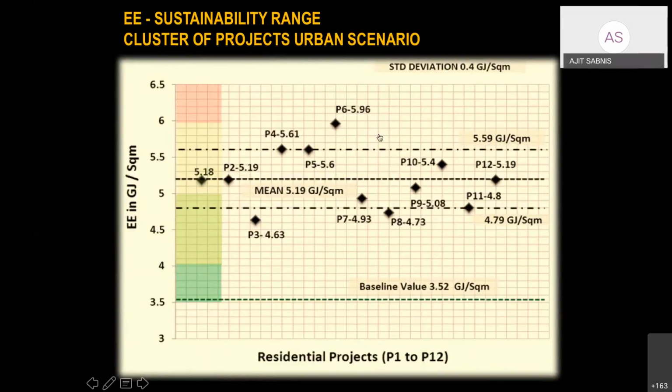So there is no project except the benchmark project that lies in the highly sustainable zone. The majority of the projects lie between the moderately sustainable and less sustainable zones only.